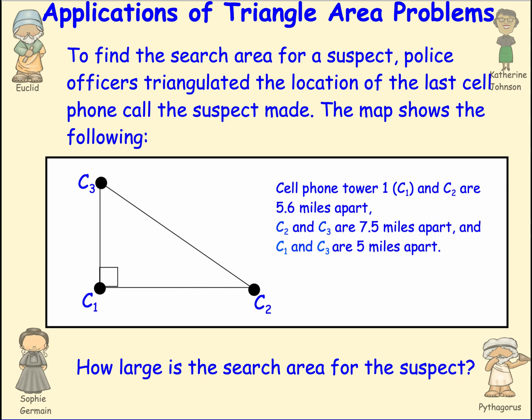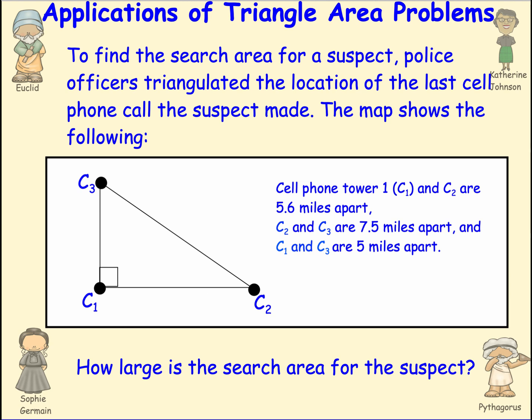So here's what's happened. They have a suspect and they've triangulated the location of the last cell phone call to these 3 cell phone towers in this area. And we need to figure out what is the actual area that they need to find the suspect in. So here's what they know.